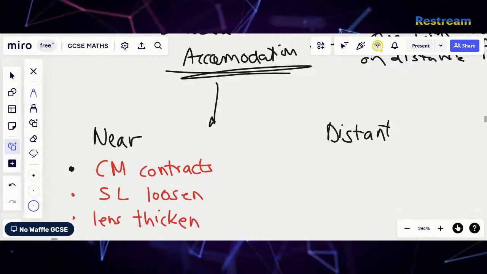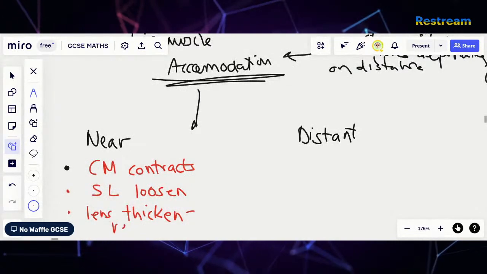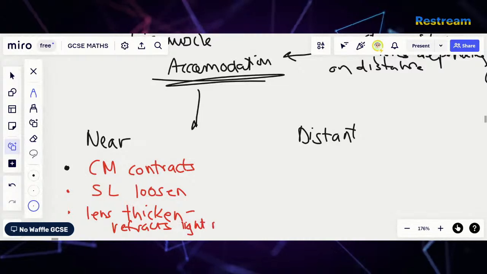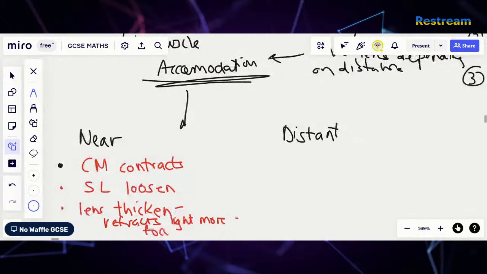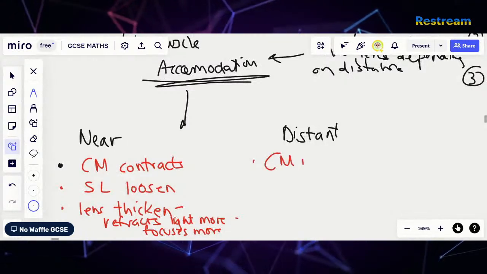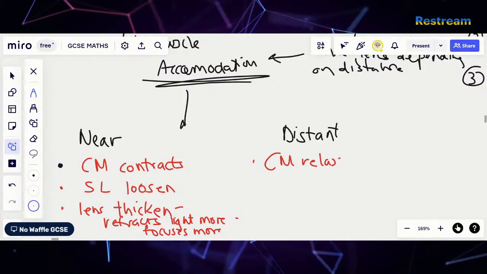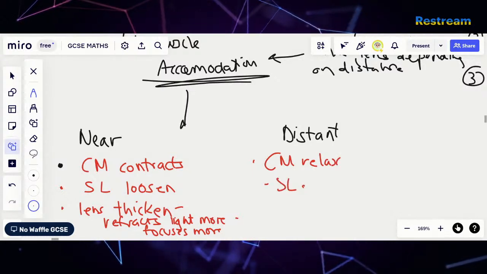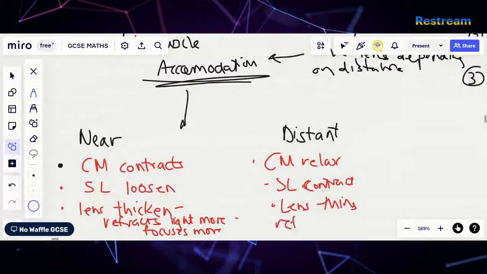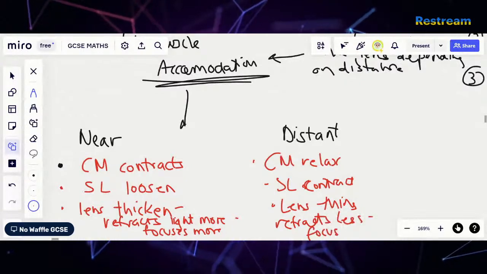This refracts light more, and therefore focuses more. And then when you're looking at a distant object, the ciliary muscles relax, the suspensory ligaments tighten, and the lens thins and therefore refracts less and focuses less.